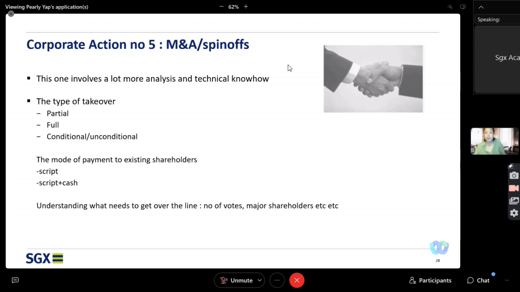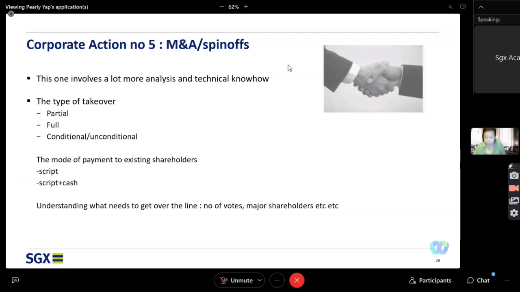This generally comes out in the case of an extraordinary general meeting, EGM, where you will have to vote. So if you're a shareholder, please vote. If you support the deal, please vote. If you do not support the deal, also please vote not to support it, because your vote counts as an independent shareholder.